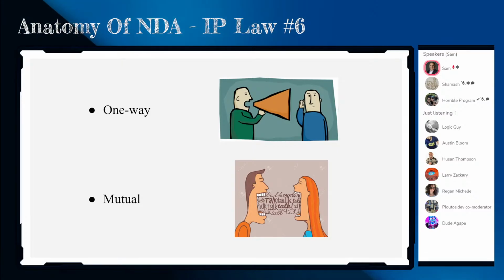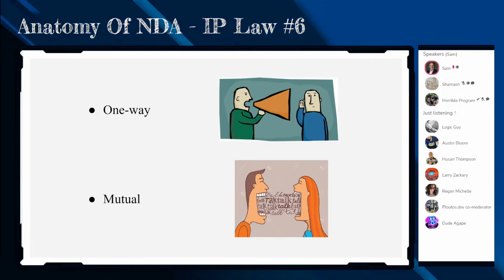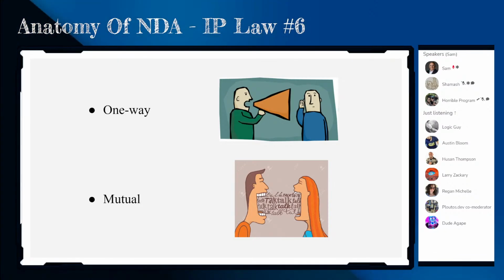So the first is the parties. Basically, we have to define who is agreeing with who, the 2 parties that are involved in this agreement.